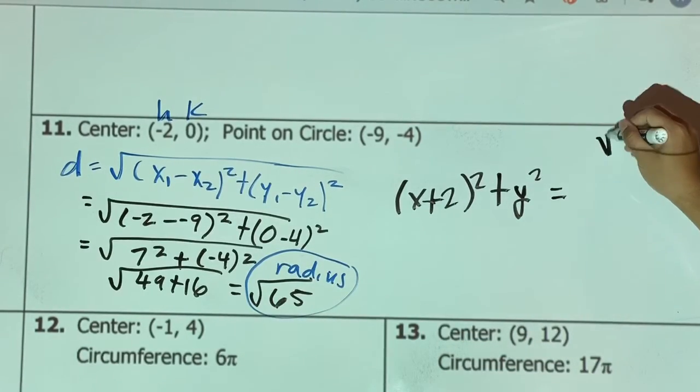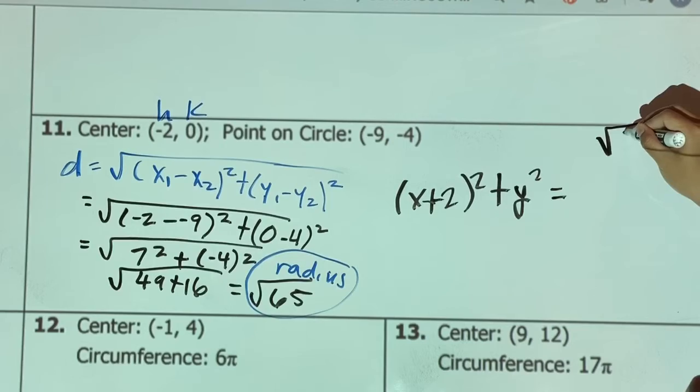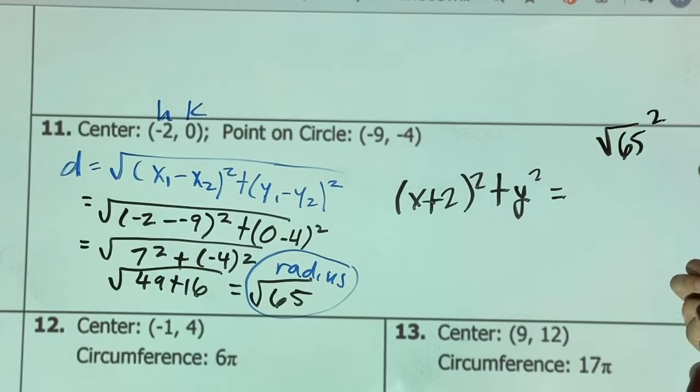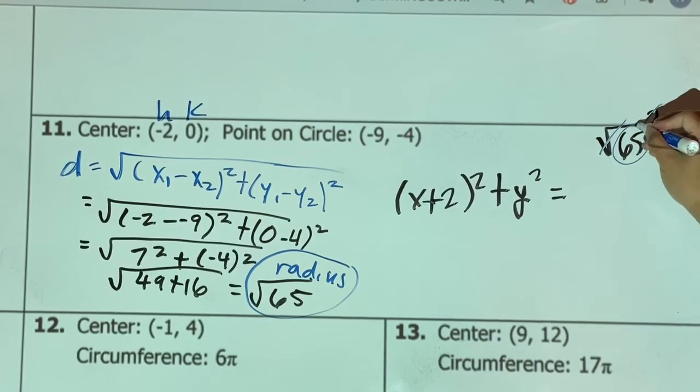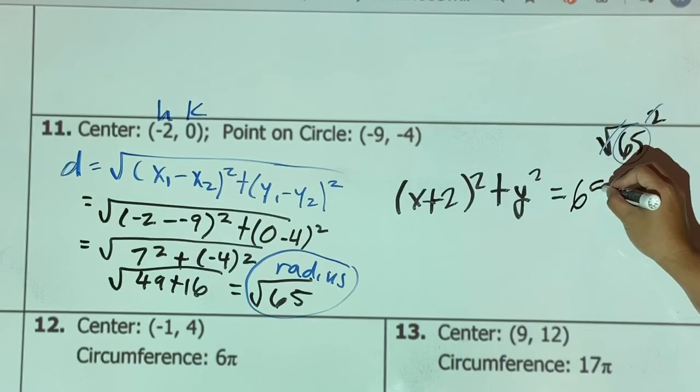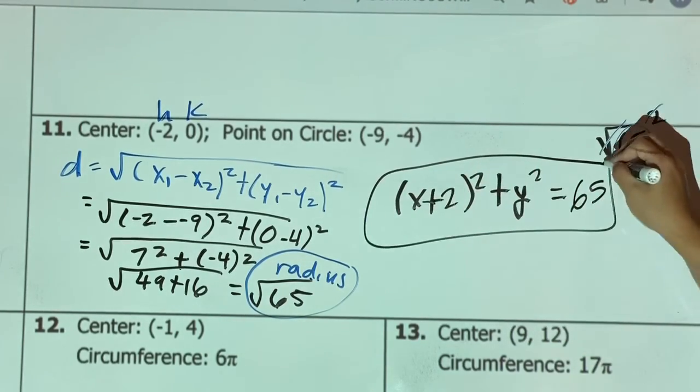But if I'm taking the square root of 65 and that's going to get squared, the square root and the square cancel out, so I'm just left with 65. And then this would be your equation.